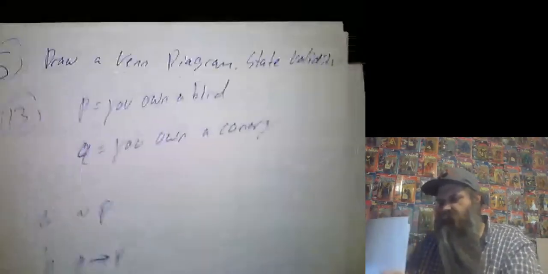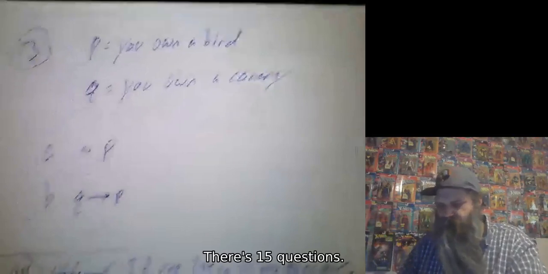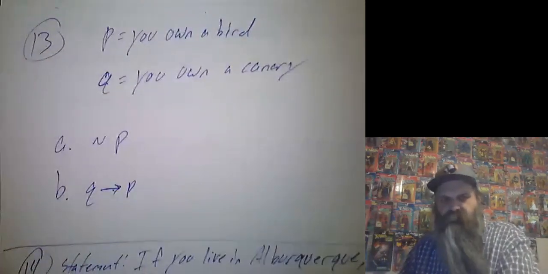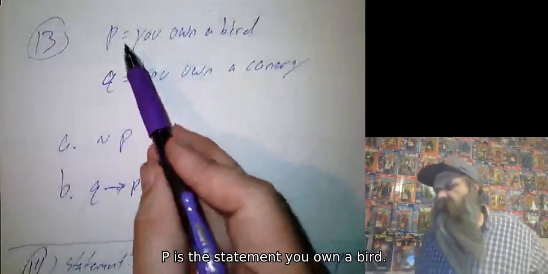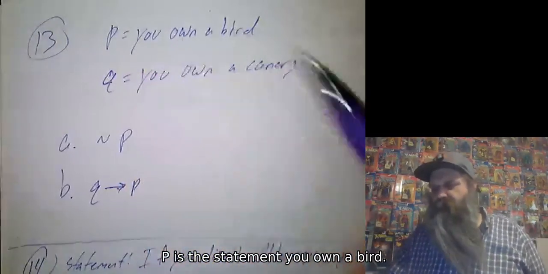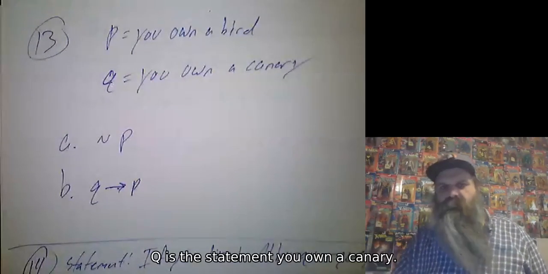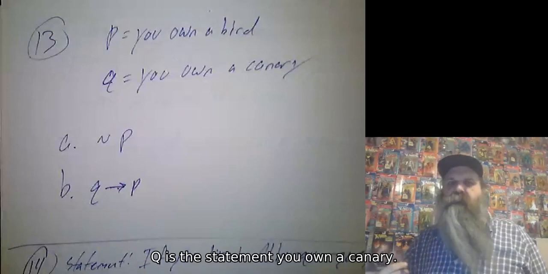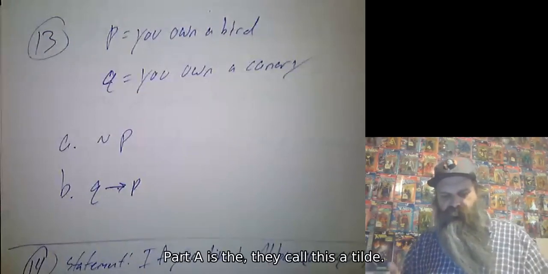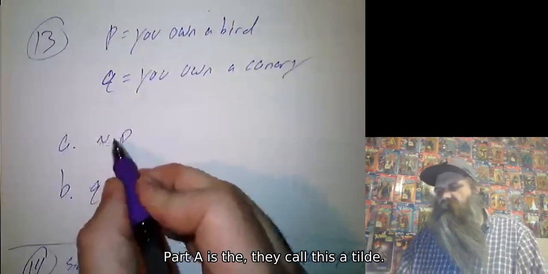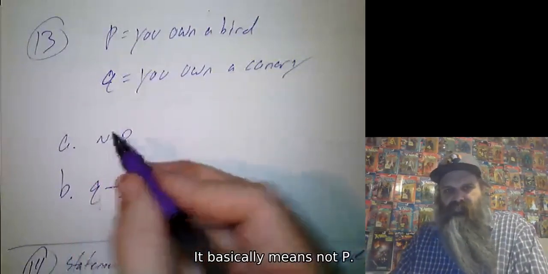Let's look at more statements. There's 15 questions. We'll finish this up. P is the statement, you own a bird. Q is the statement, you own a canary. Part A is they call this a tilde.